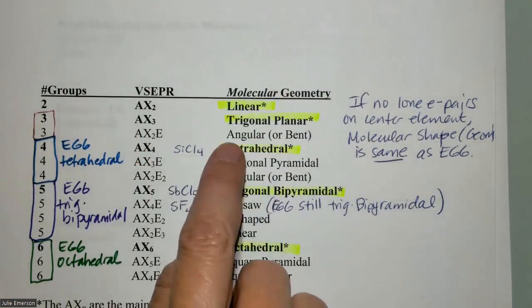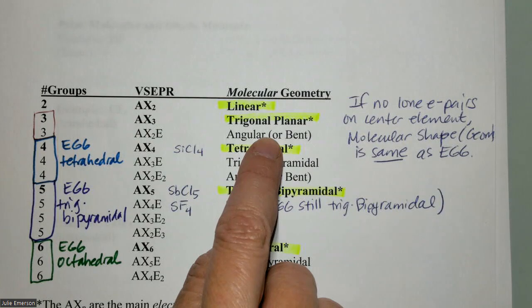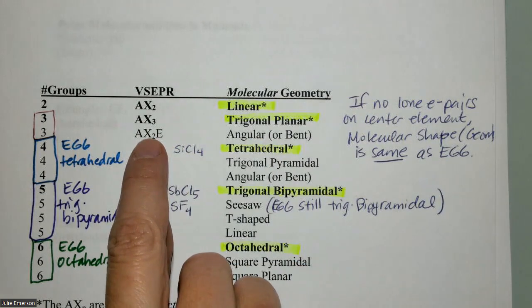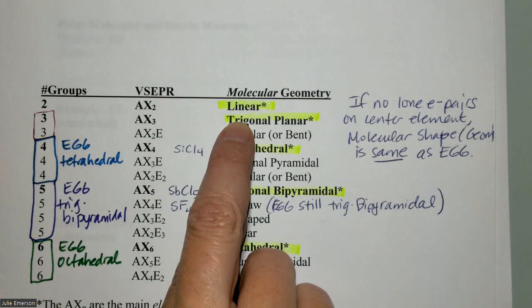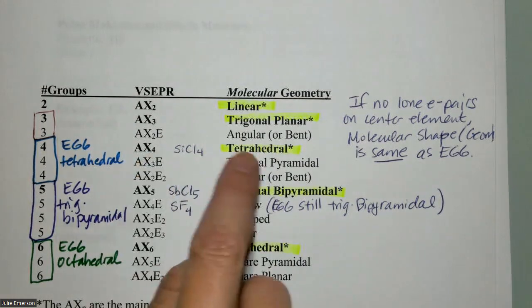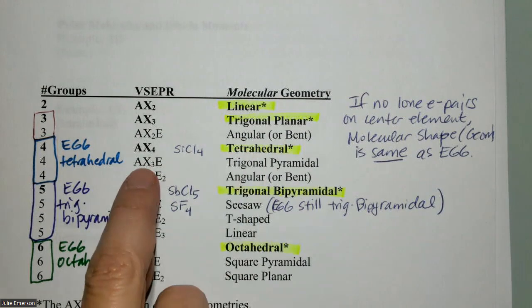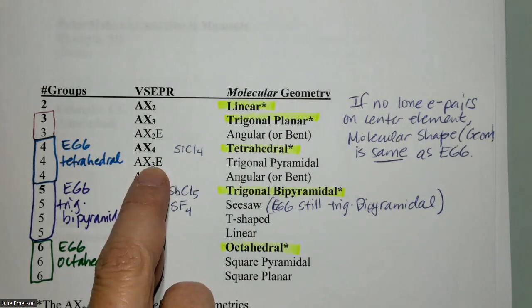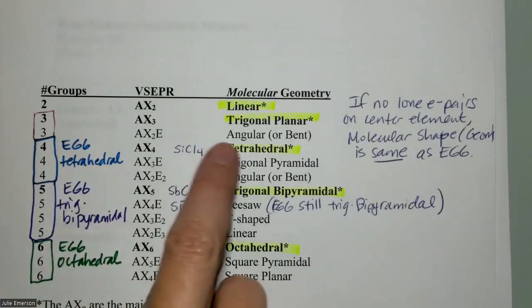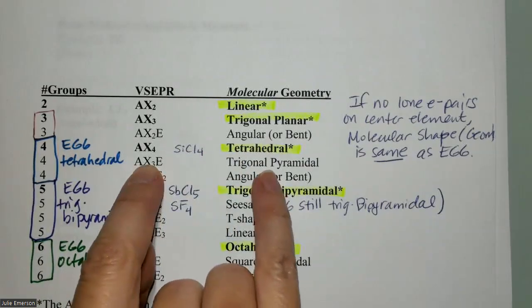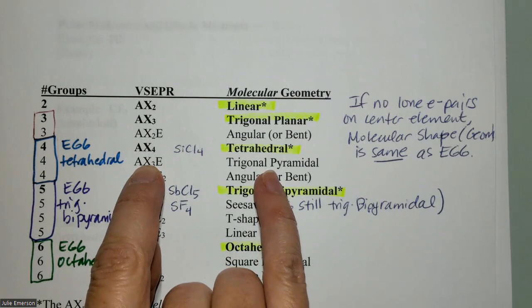It'll tell you the molecular shape is angular or bent. The electron group geometry would still be trigonal planar. When I had AX4, we saw that was tetrahedral. That is both the shape and the electron group geometry. If I have AX3E, the electron group geometry is still tetrahedral, right? But now what do we actually see? We see trigonal pyramidal, right?